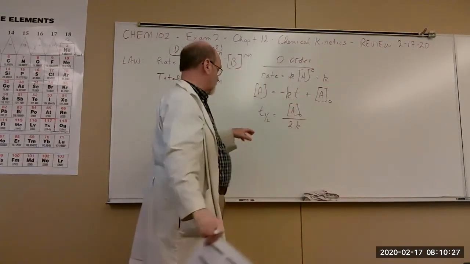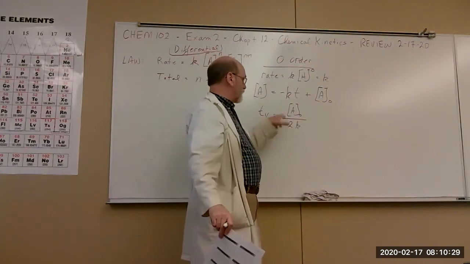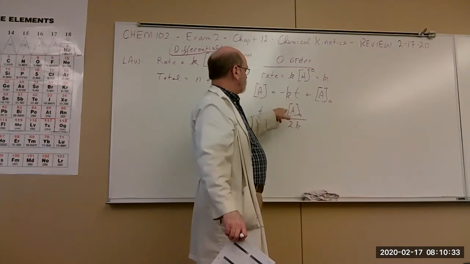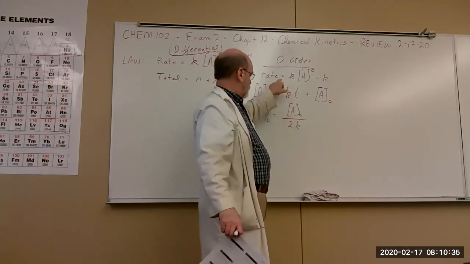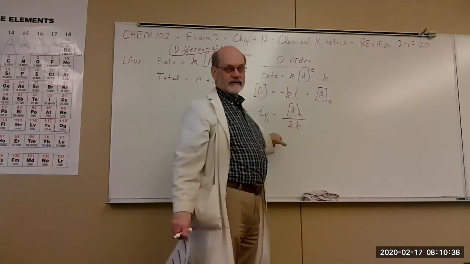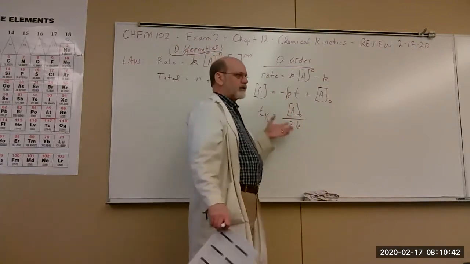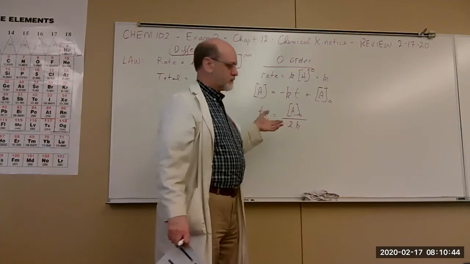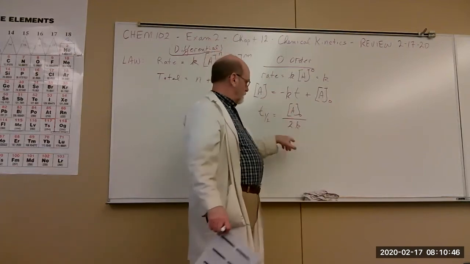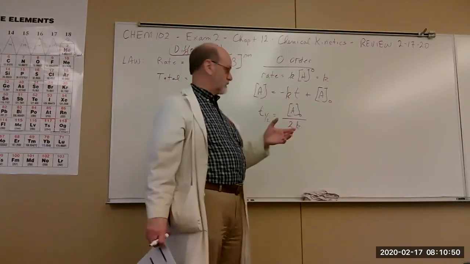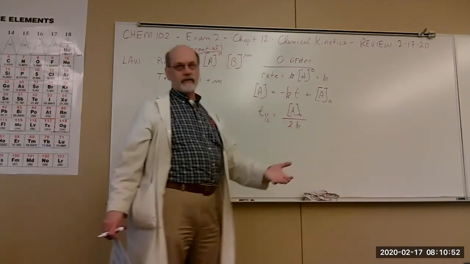And so this says that the half-life does depend upon your starting point. The rate law doesn't depend on your starting point, but the half-life does, which makes sense. I mean, how are you going to know how long it takes unless you know where you started from? So start from this point using this value, then you can find out how long it takes to lose, in this case, half of your reactant.